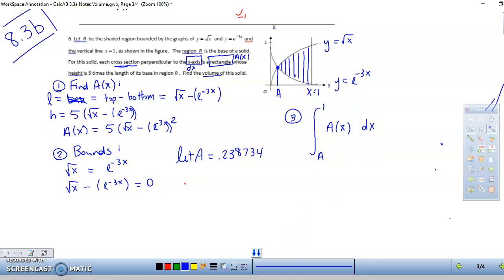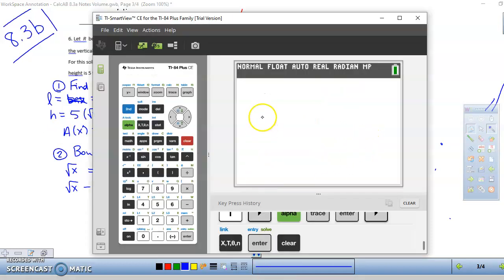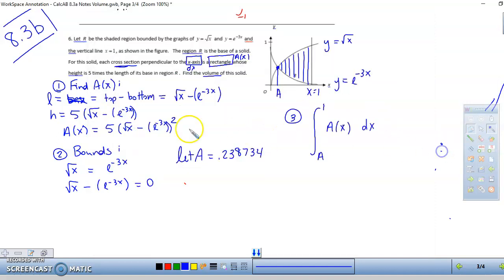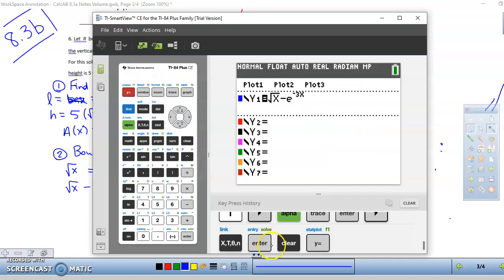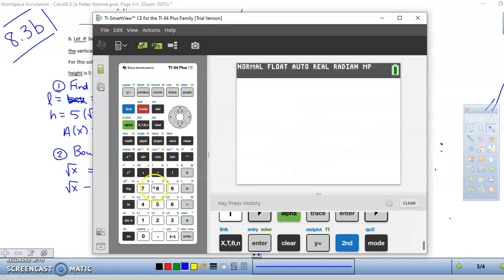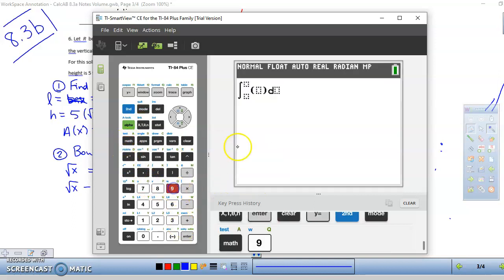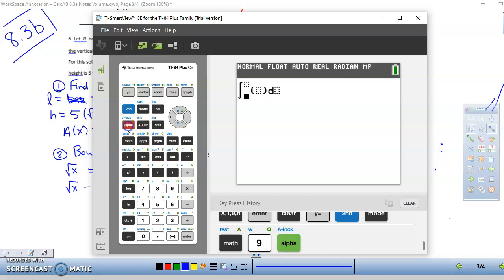But in the calculator, remember what is in here. It is the subtraction, the top minus bottom piece, and that is this inside function. So in the calculator, let me go to the main screen. I'm going to pick the integral, and I'm going to go from A to 1.